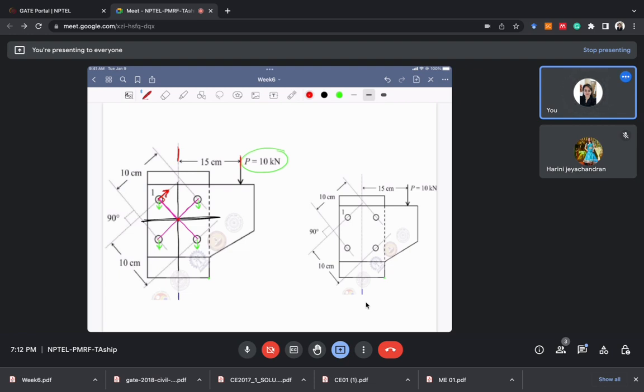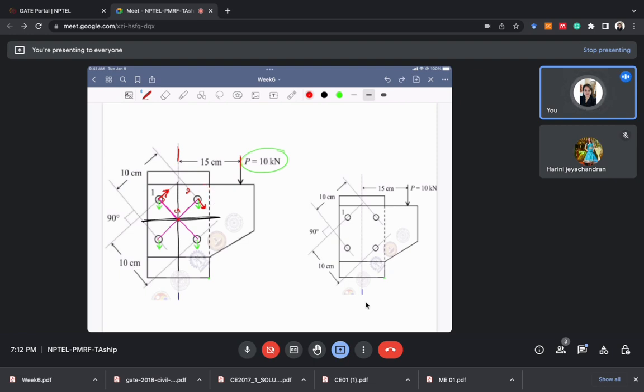I'll make it for the other bolts also. Let's say it's bolt number 2. The direct force I've already drawn. Another is that due to the moment. It will be perpendicular to the line joining the CG and the bolt, and its direction will be clockwise, such that it is rotating the system in the clockwise direction.